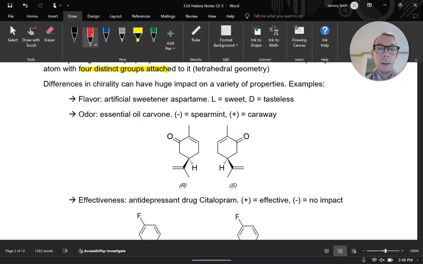Another example, so here is an essential oil, and in the one form, you have a taste that is like spearmint. The other one has a taste of caraway. And the only difference is just the single spatial arrangement of the 4 groups around that red dotted atom.